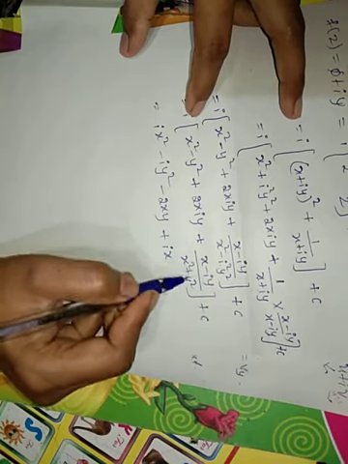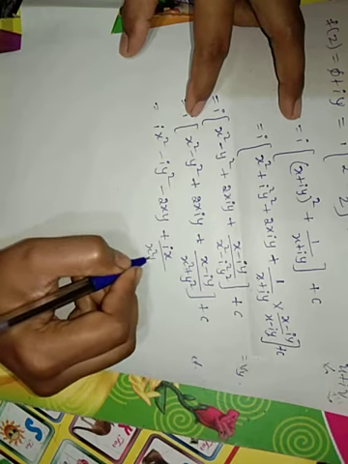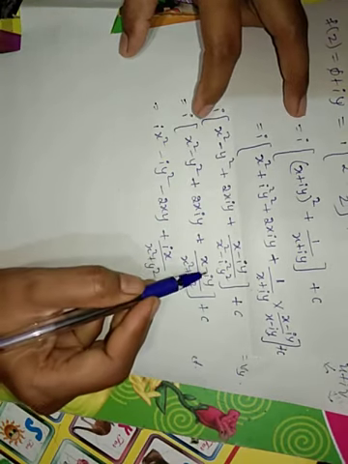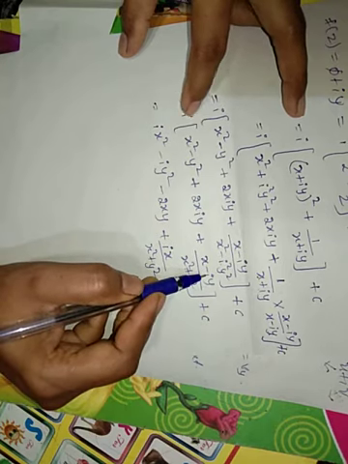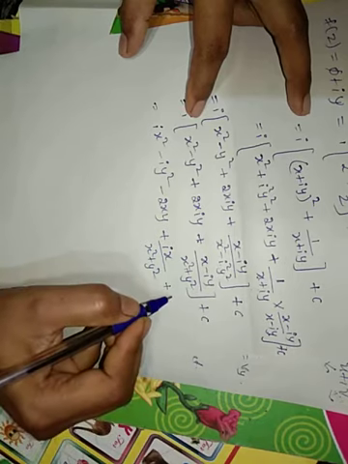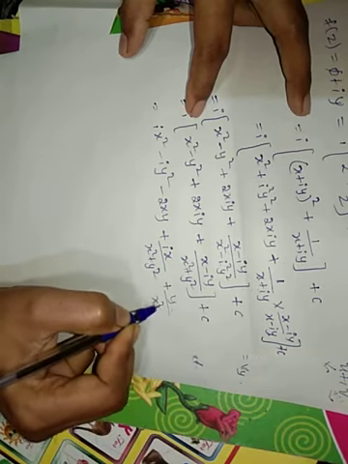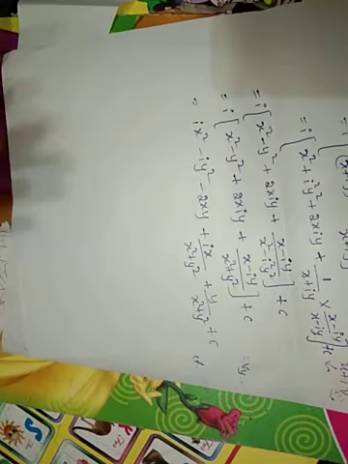I am going to split this denominator into two terms: ix divided by x square plus y square, plus minus i into i square is minus 1, minus of minus plus, y divided by x square plus y square plus c. So now make the separations of real and imaginary parts.